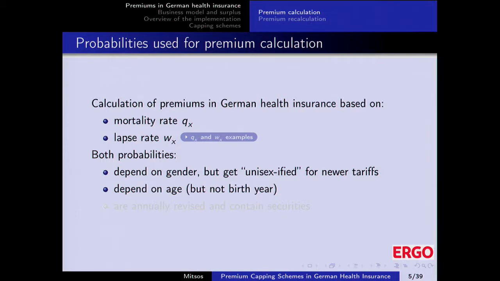They depend on age, but not birth year. It's not usual to use generational tables in German health insurance. And they are annually revised and contain securities. This is the part that is tightly regulated. It's exactly written down in law and controlled by the independent trustee.